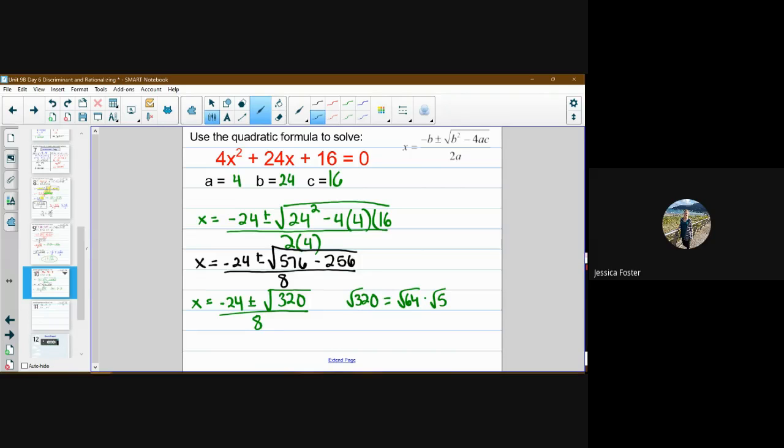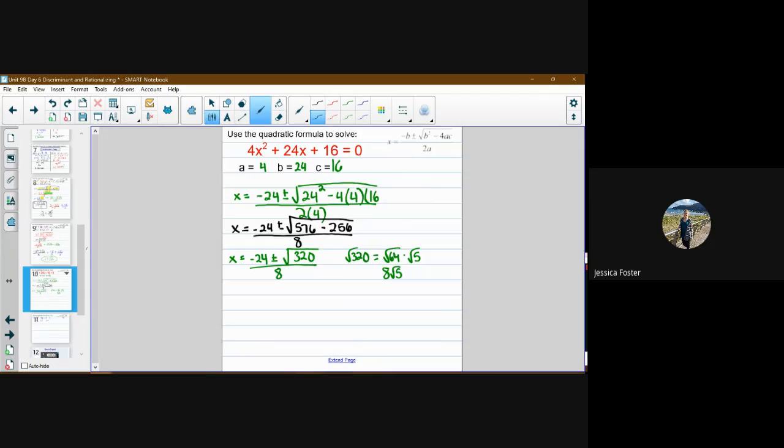So the square root of 320 is actually 8 square root of 5. So we can rewrite that now. There we go. X equals negative 24 plus or minus 8 square root of 5, all over 8.